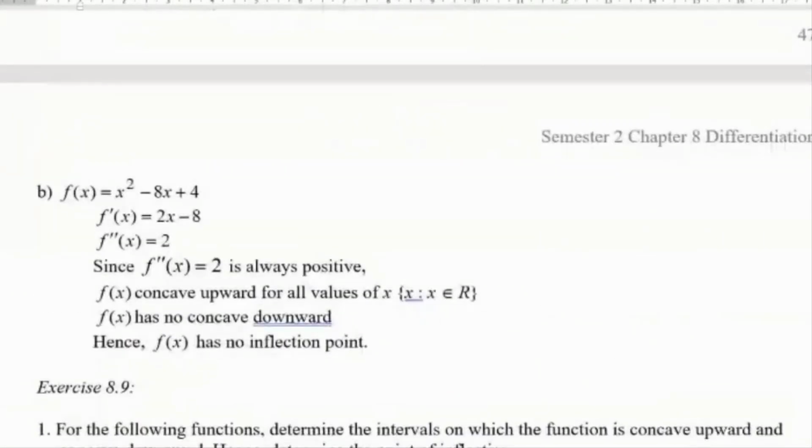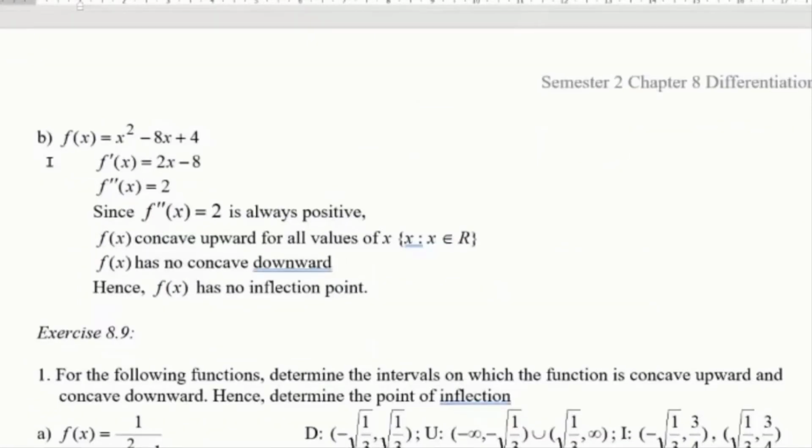Okay, B, okay, same thing, you want to identify the point of inflection. So same thing, you differentiate 2 times, you get 2, no x, means 2 is always greater than 0. So means this function is always greater than 0, means always concave upward. So f of x is concave upward for all values of x.